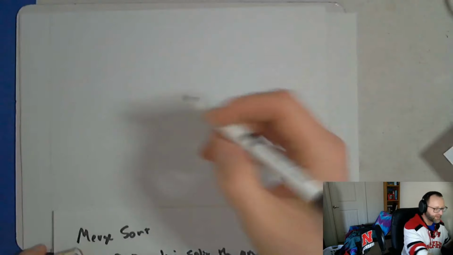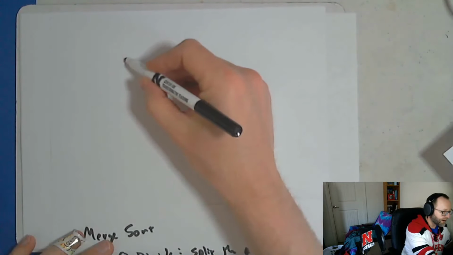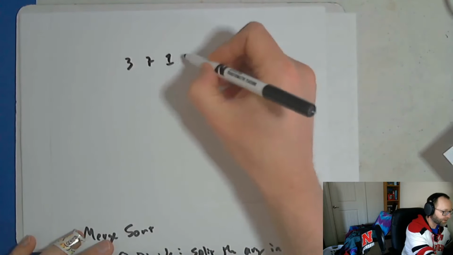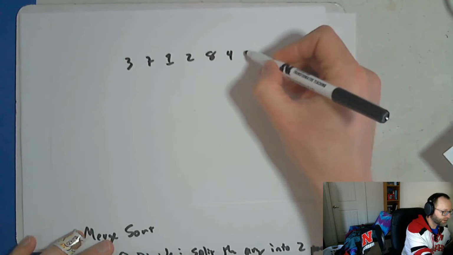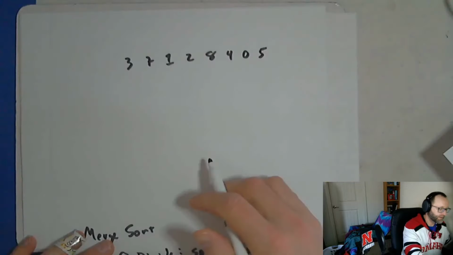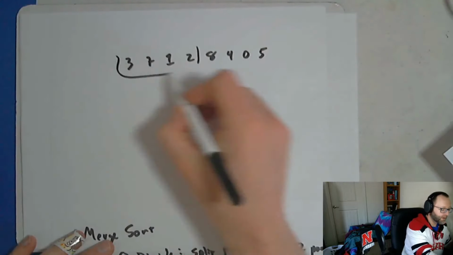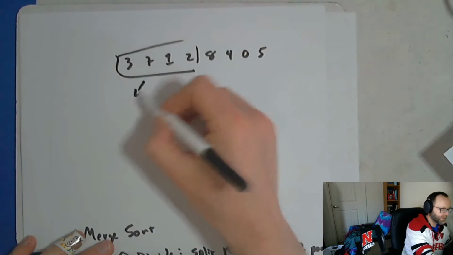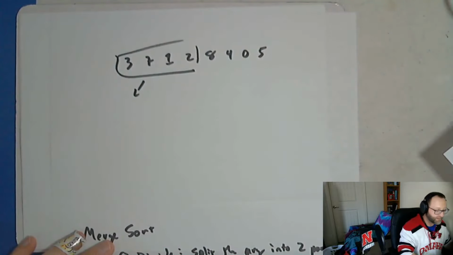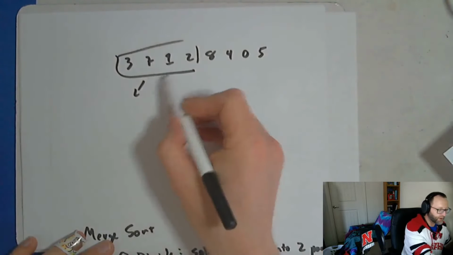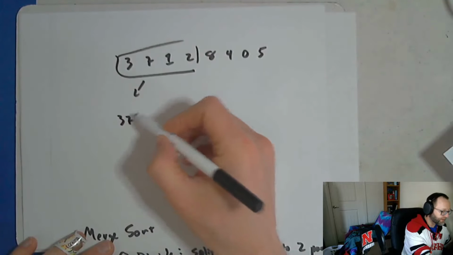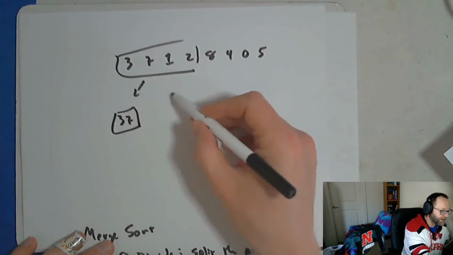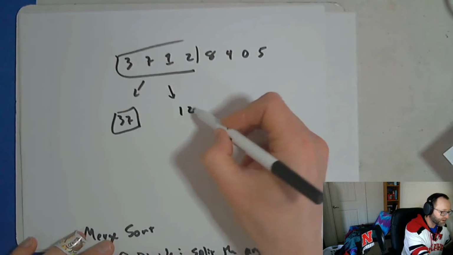So basically, if you want to look at it visually, if you've got 3, 7, 1, 2, 8, 4, 0, 5, then you divide it, and we won't worry about this other half here. You divide that into 3 and 7, 1 and 2.